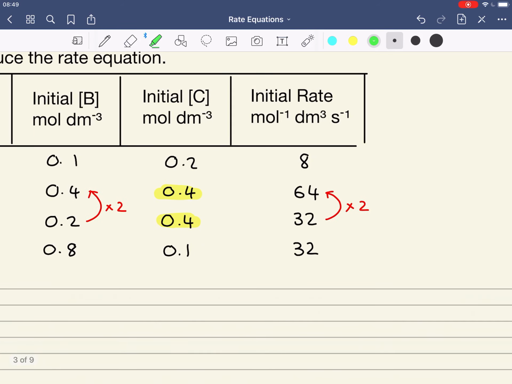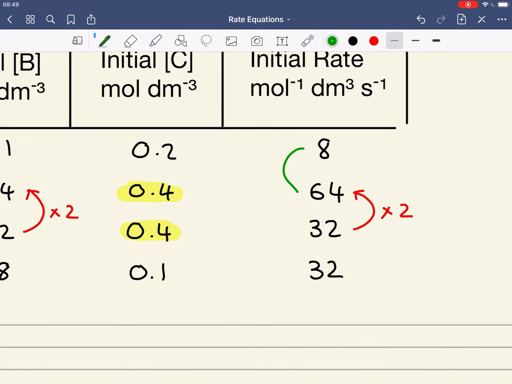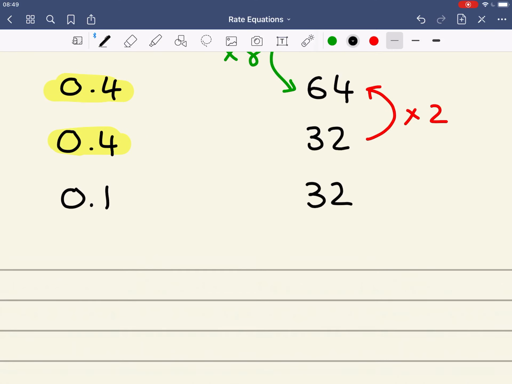And now we know that it's first order with respect to B, and we can use that to work out the order with respect to C. Now in experiments 1 and 2, the rate has increased by a factor of 8.